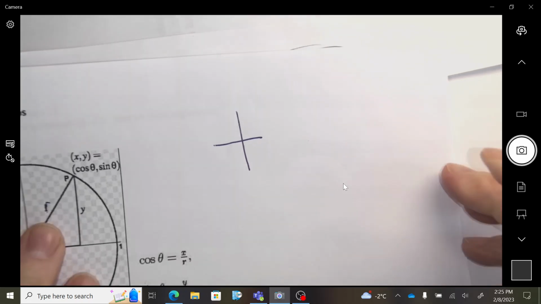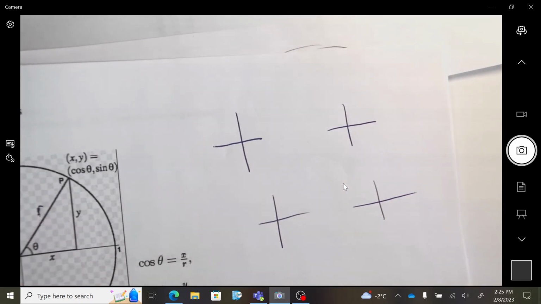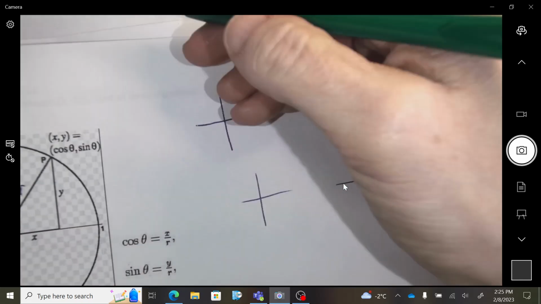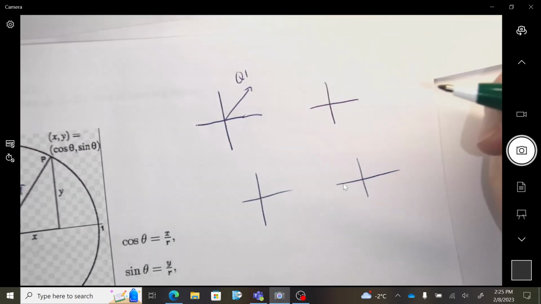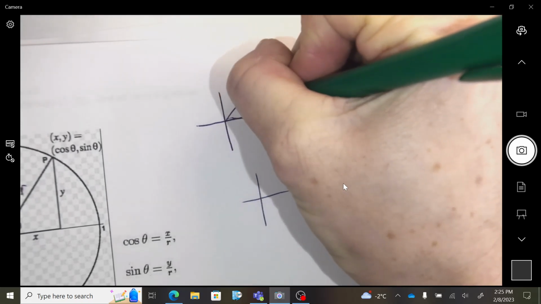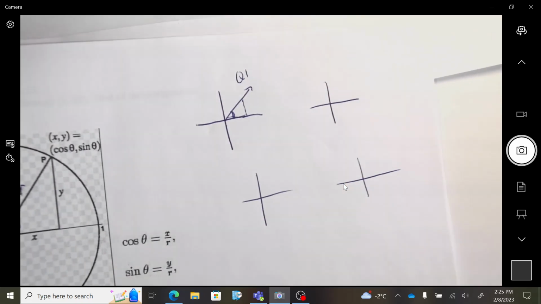Let's talk about quadrants. I'm going to draw 4 little diagrams here. We should remember quadrant numbers, because you had some questions like that. That's quadrant 1. If an angle was in quadrant 1, make a little triangle for me. Do you notice that I always connect my triangle to the x-axis?